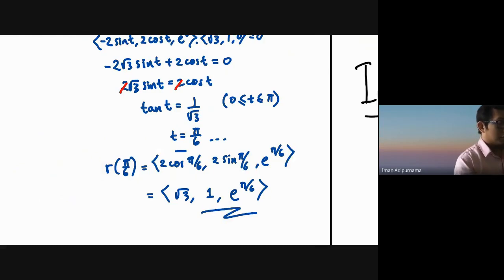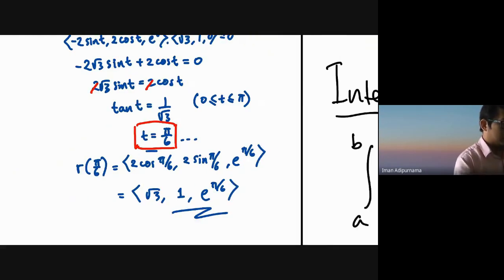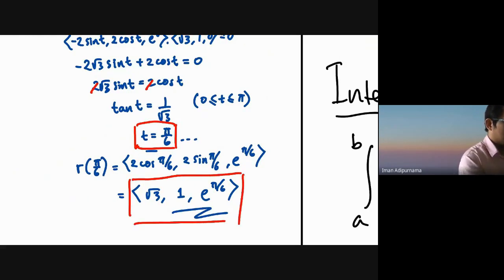So after you get this t, don't forget to take here. And oh wait, this is the vector. We want a point, so we just need the coordinate here.